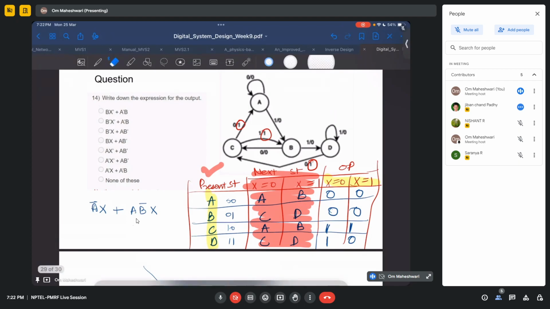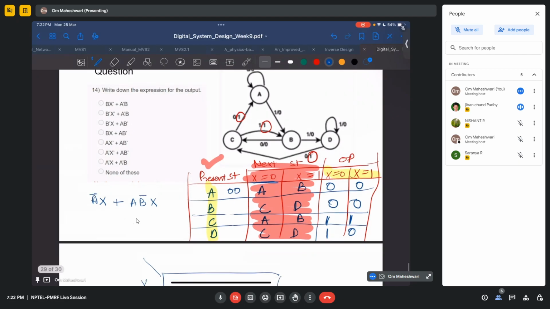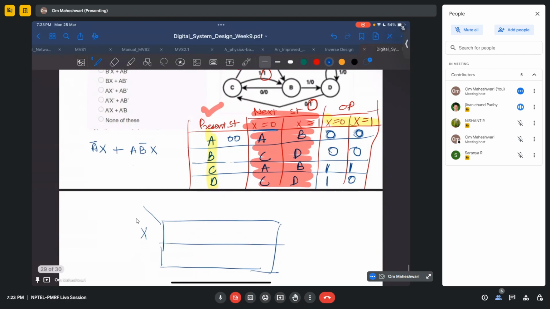I'm not getting it. How are you encoding A, B, C, and D? Yes, yes, yes, yes. Okay, okay. Okay, so maybe we can write the whole table, then we can get the answer.